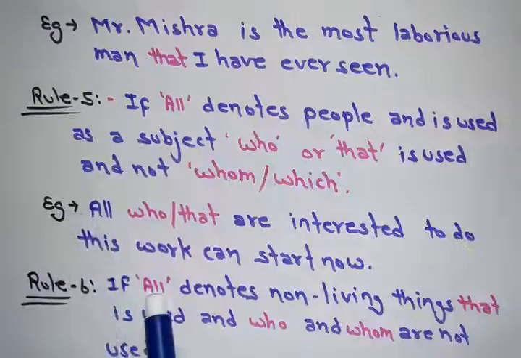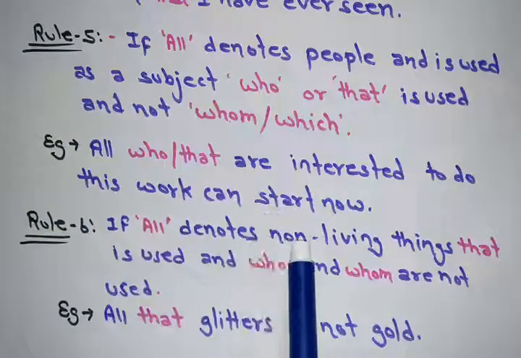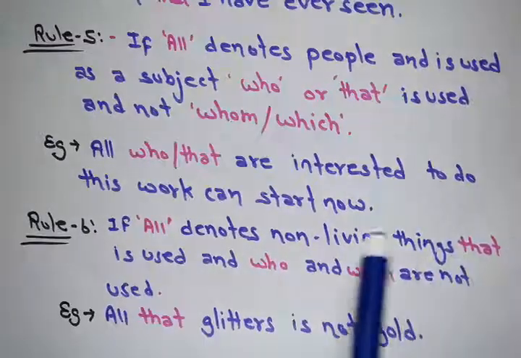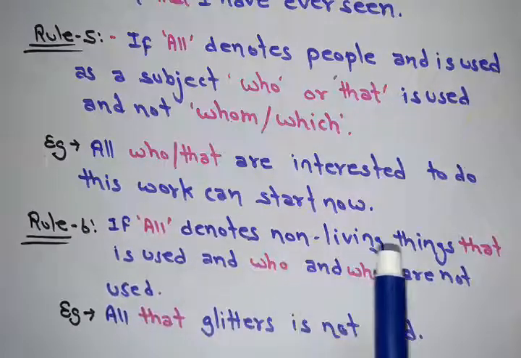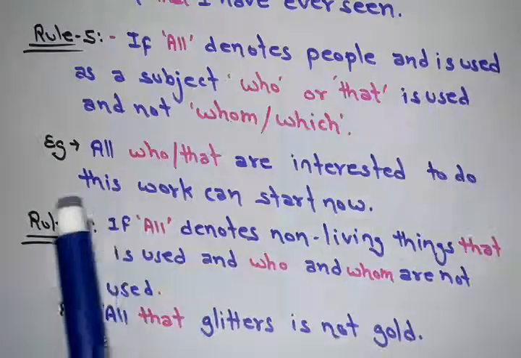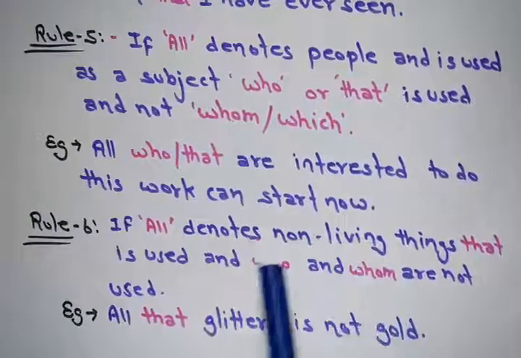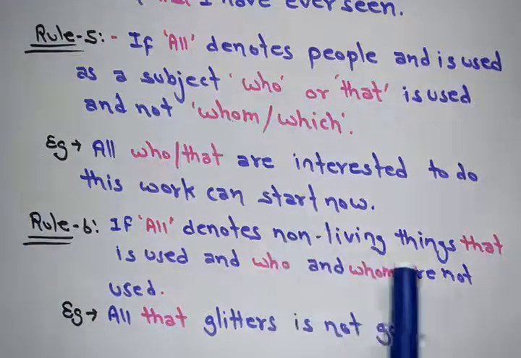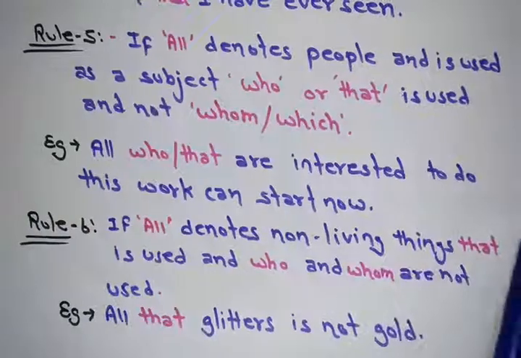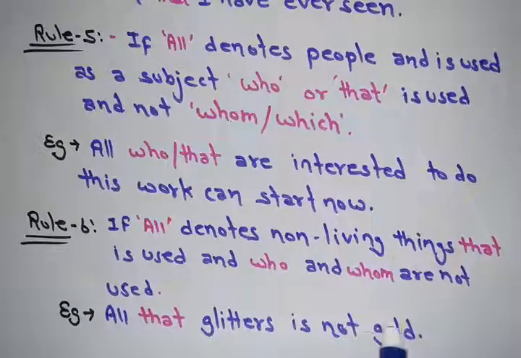Rule number six: if all denotes non-living things, that is used, and who and whom are not used. If all denotes non-living things, those that are not living, always use that. For example, all that glitters is not gold.